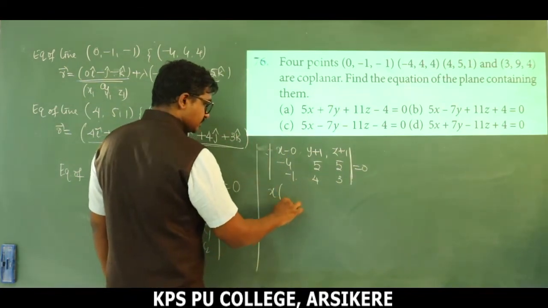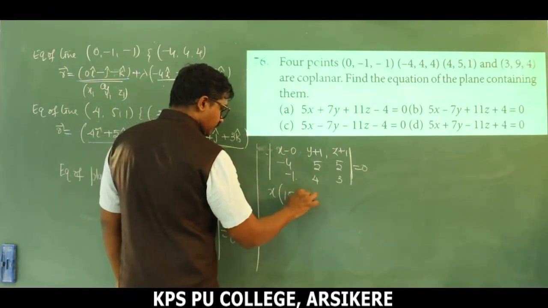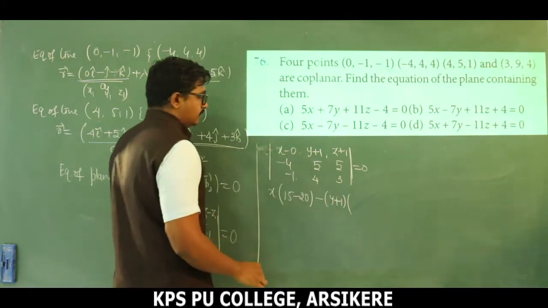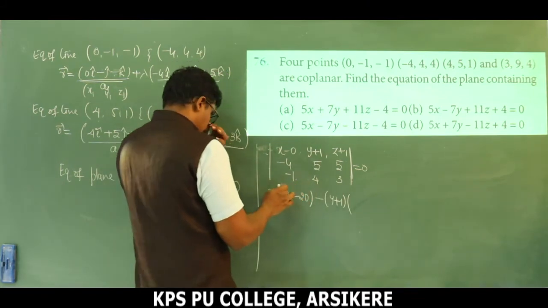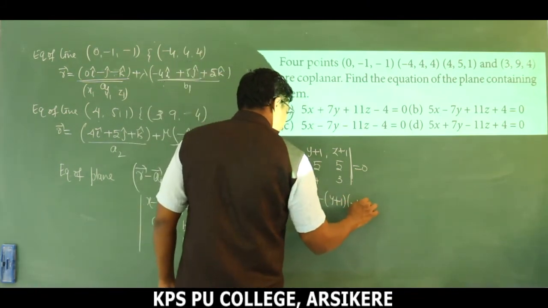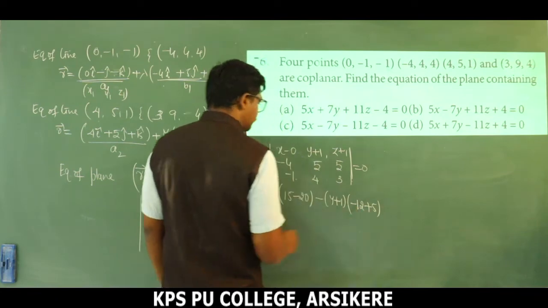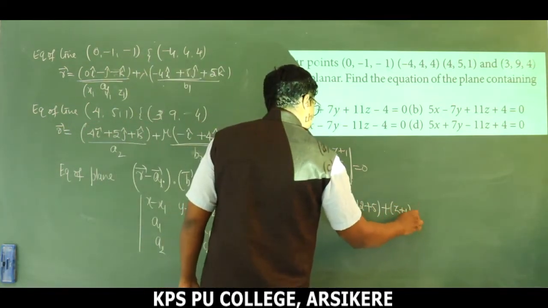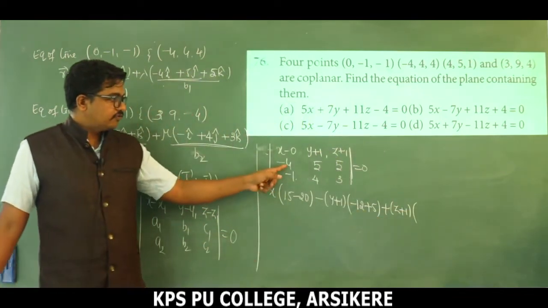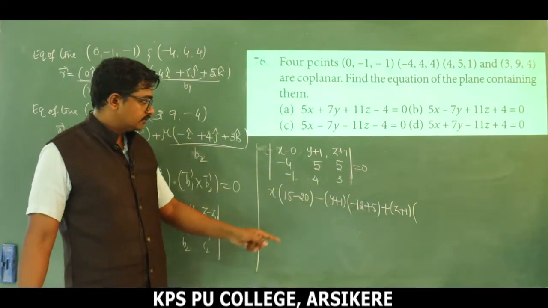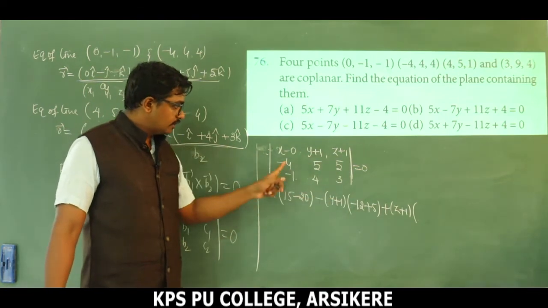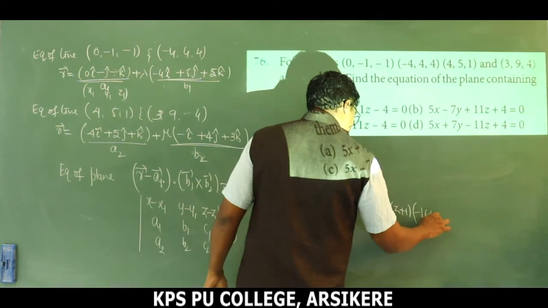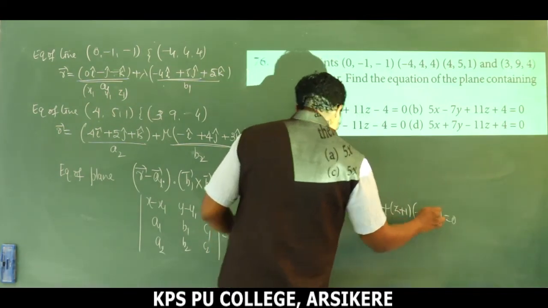This is x times (15 minus 20), minus (y plus 1) into (minus 12 plus 5), minus 12 plus 5, and the last term plus (z plus 1) into the remaining terms: minus 4 into 4 is minus 16 plus 5, is equal to 0. Next step is simplification.